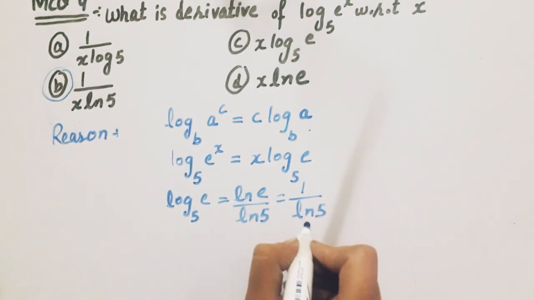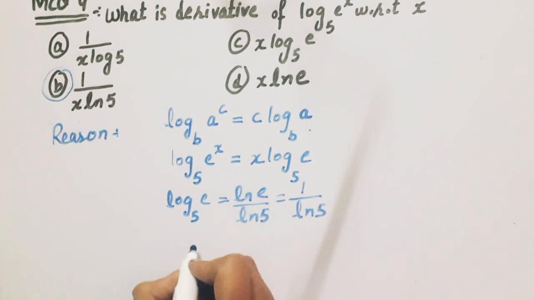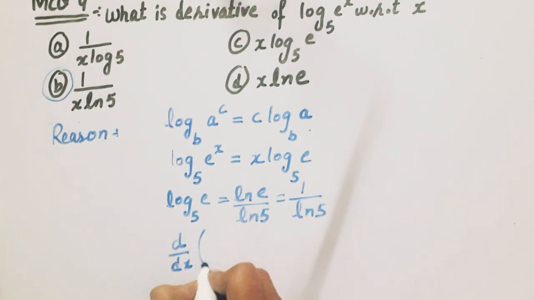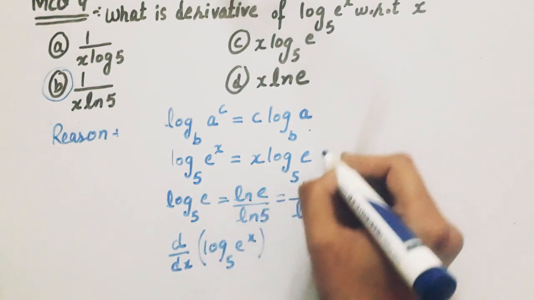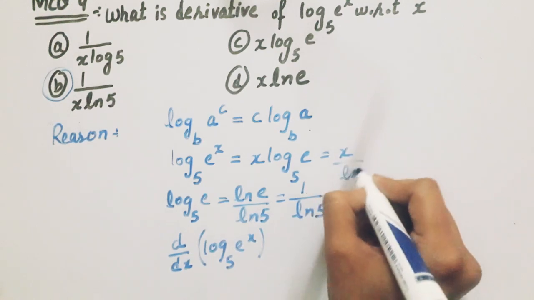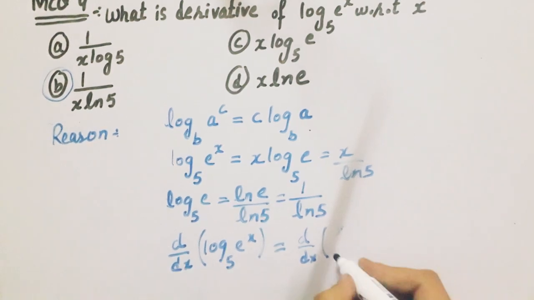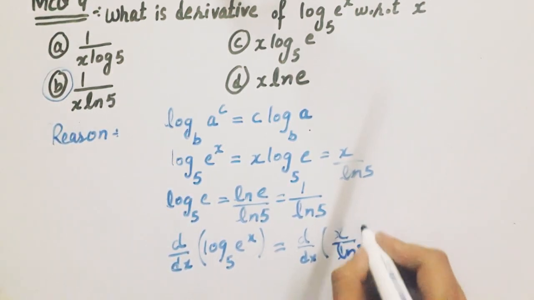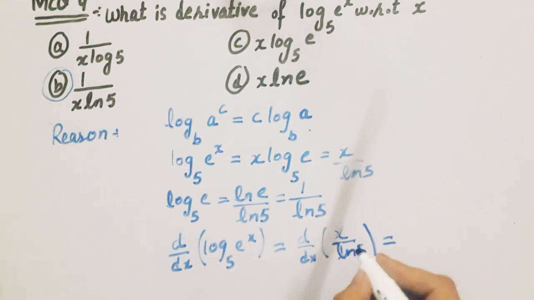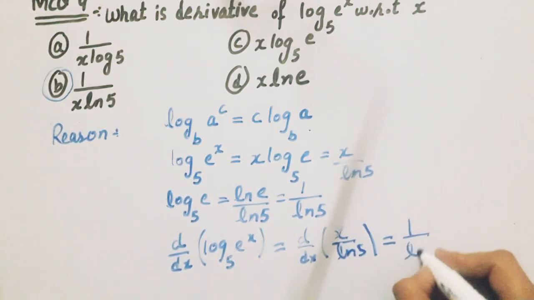Now the derivative of this will be equal to d over dx of log base 5 of e raised to power x, and this was equal to x over ln 5. So when you take the derivative of x over ln 5, its derivative is equal to 1 over ln 5.